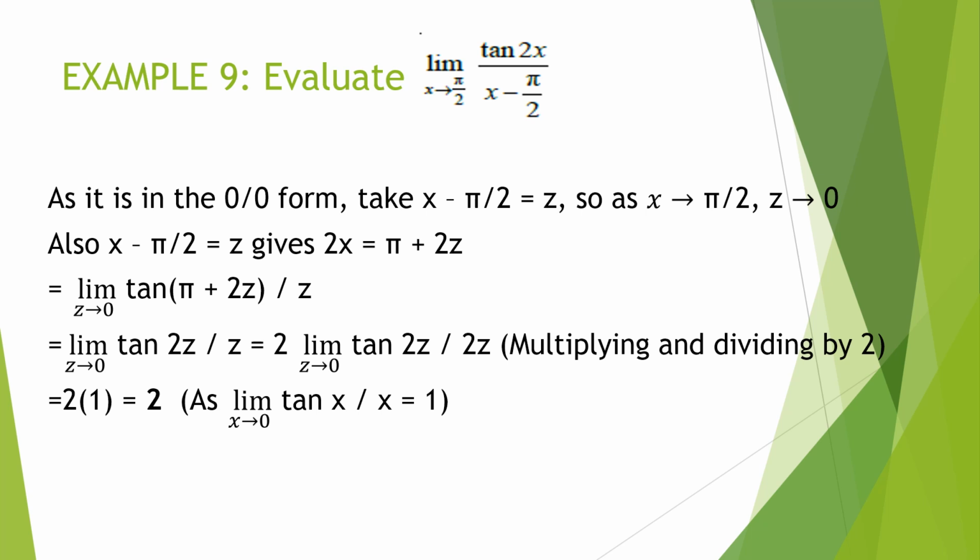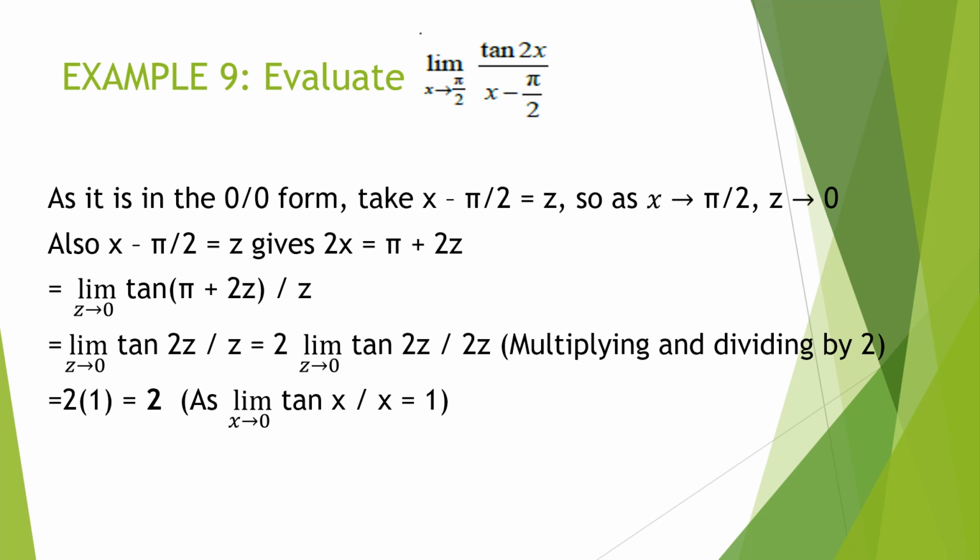Also x minus pi by 2 we have taken equal to z. So this gives 2x equal to pi plus 2z. So now the original, it will become limit z tends to 0. Instead of x tends to pi by 2, now we have converted the function from x to z. So it will be limit z tends to 0, tan of 2x, 2x means pi plus 2z, upon z. But what is tan of pi plus 2z? You know tan of pi plus theta is tan theta.